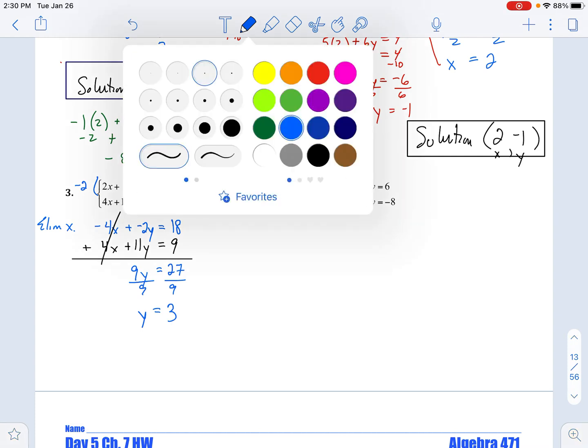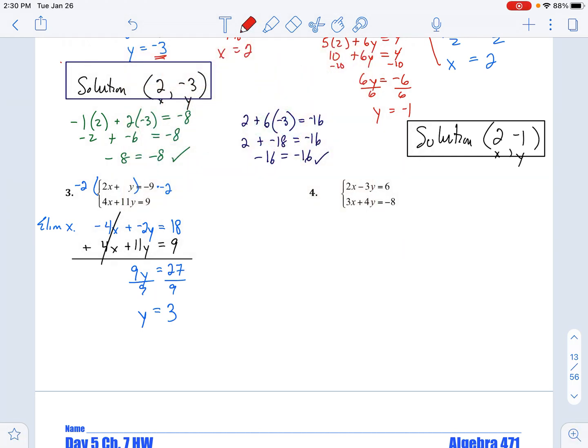If y is 3, recall that to solve for the other variable, we substitute this back in. I'm going to plug into, again, the top equation. So that's 2 times x plus the y value we're substituting in, 3, and that's equal to -9.